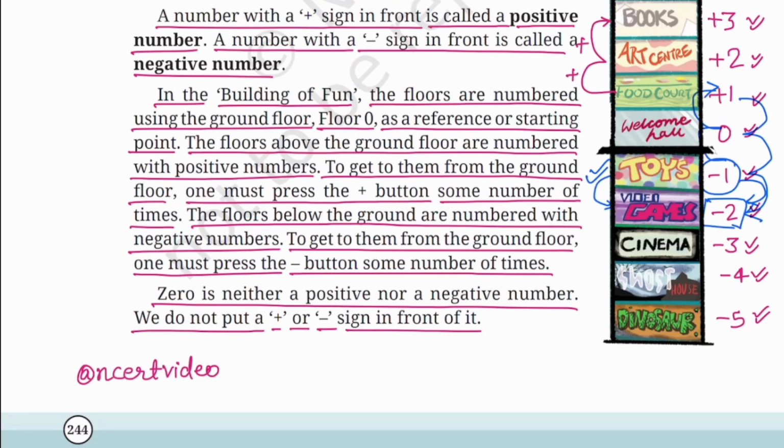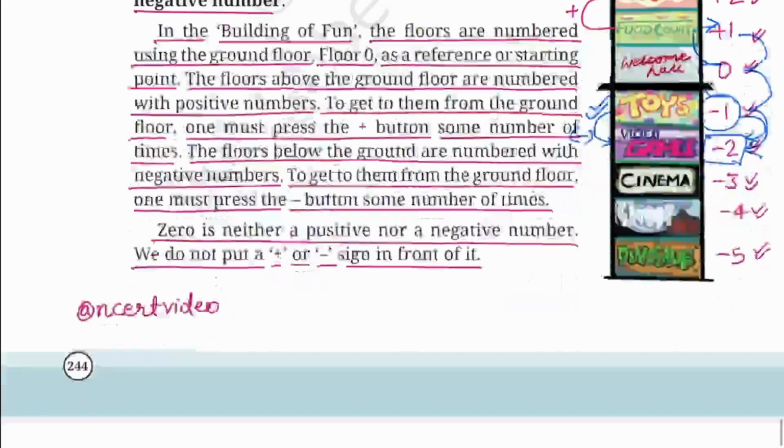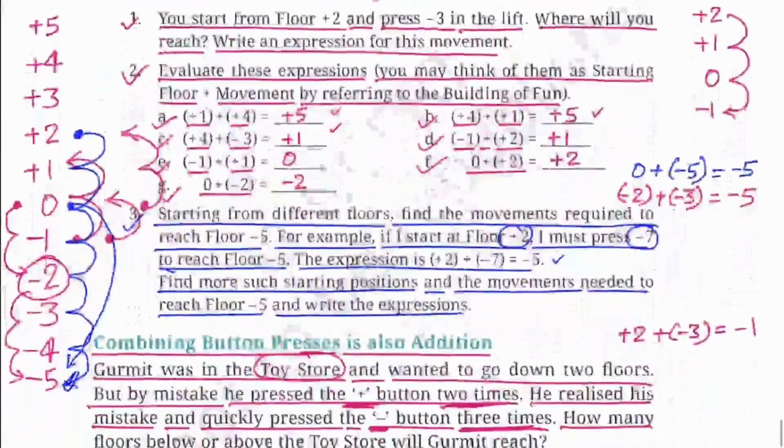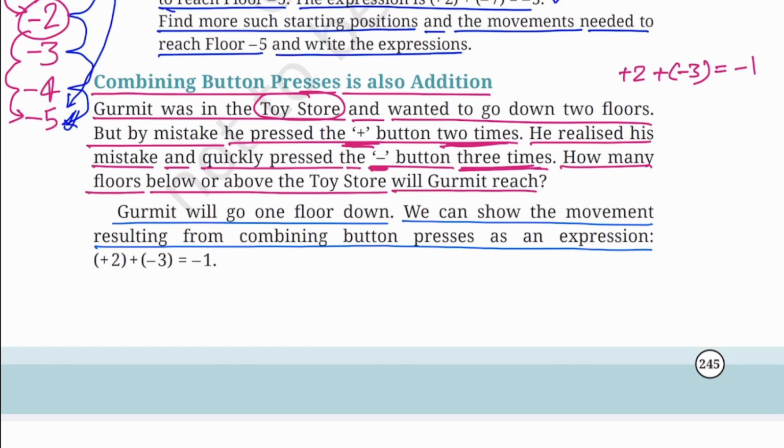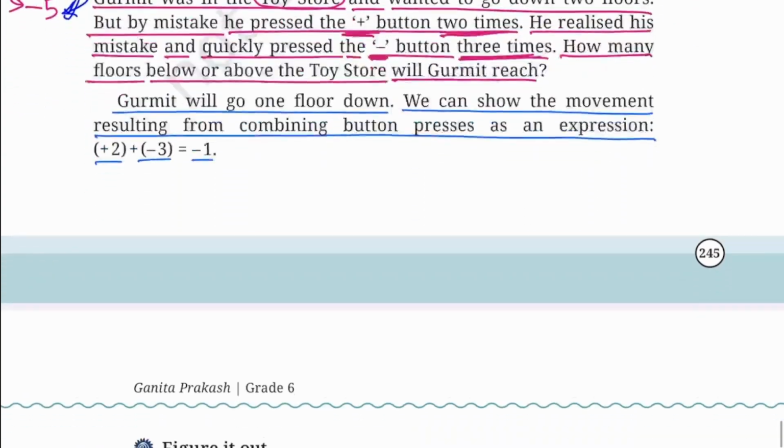It seems that he has pressed the minus button 1 time. Gurmeet will go 1 floor down. We can show the movement resulting from the combined button presses as an expression: plus 2 plus minus 3 is equal to minus 1.